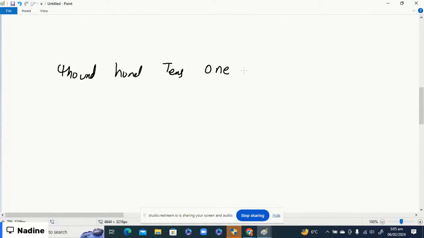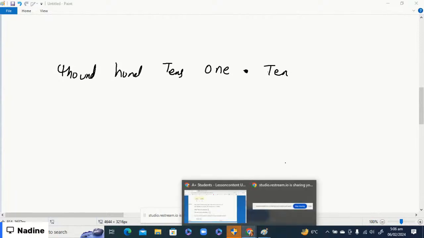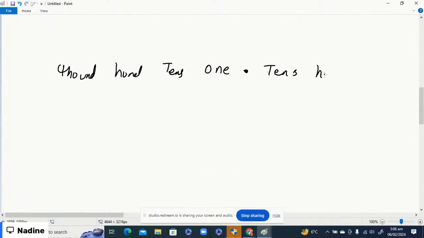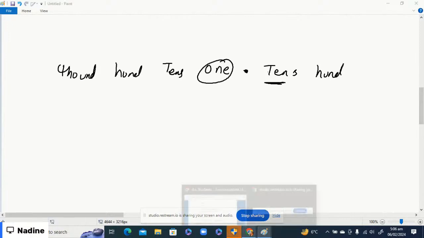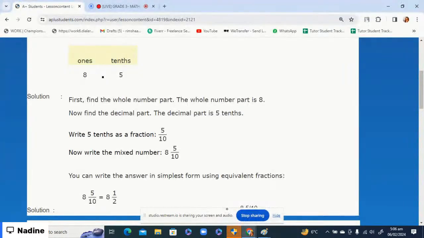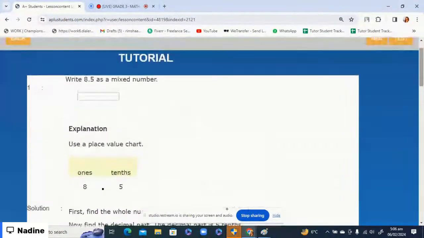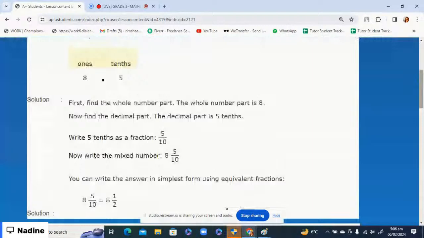But if there is a point here, after this point it does not start from ones, tens. Here it starts from tenths. Then it's hundredths, and so on. We are not putting ones in this way. So here is 8.5, and as a mixed number we write it down as 8.